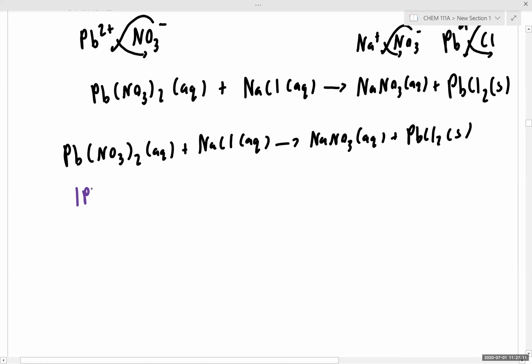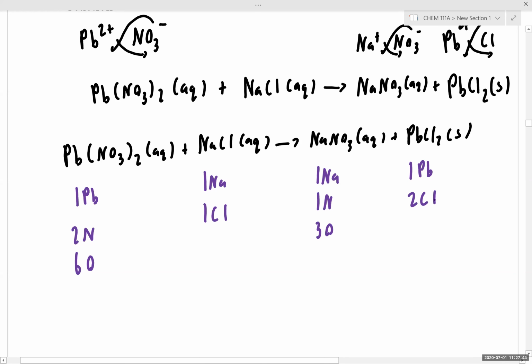So I have 1 lead, 2 nitrogen, and 6 oxygen. If you notice that when I solve these problems, I'm using the table method. I'm just not drawing out a giant fancy table. That's why I like the table method, because it can be pared down and made a little bit more user-friendly. Okay, so now we're just counting the atoms of each element, just reading off from the chemical formula.